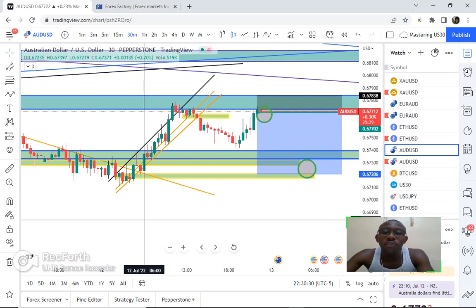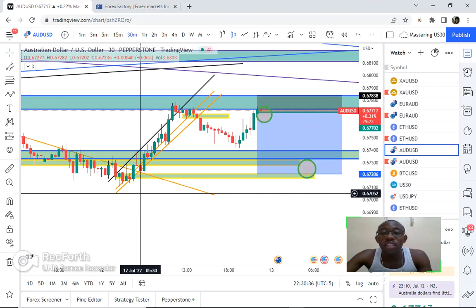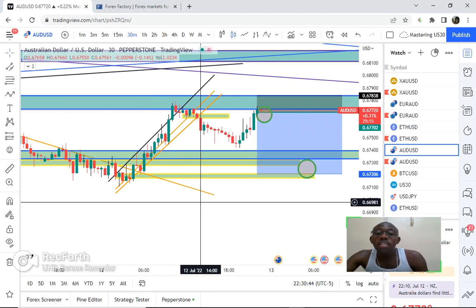However it does play out, I'll be posting a video of it tomorrow. So you'll see the results just like I did earlier today to show the previous trades that I would have taken. No trade is 100% sure to hit a take profit.